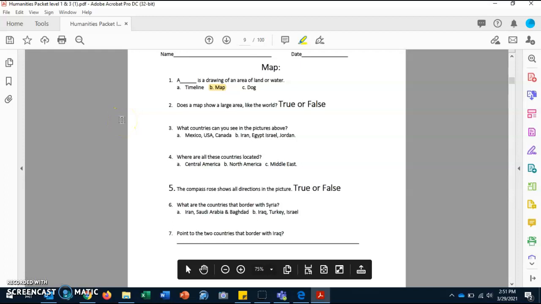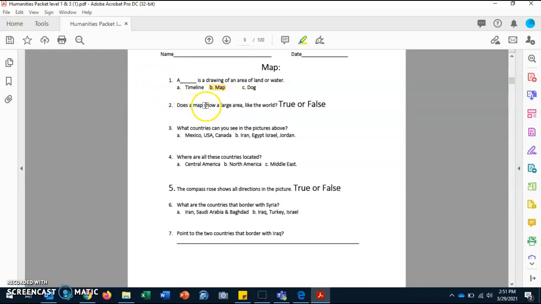I'm going to read each one to you. Number 2 says, does a map show a large area like the world? True or false? Number 3, what countries do you see in the picture above? Letter A says Mexico, US, and Canada?